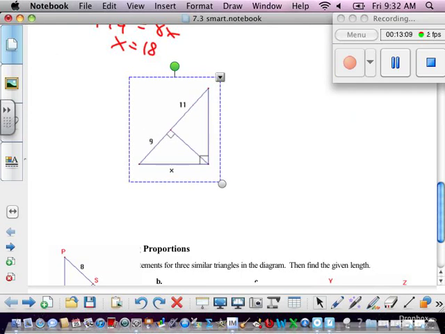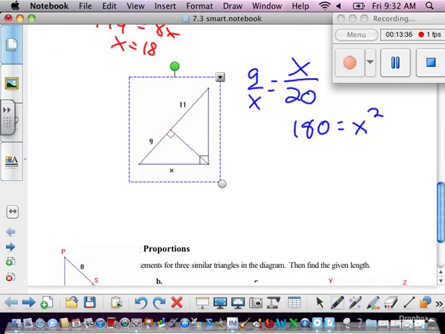And we're given 9 over x equals x over what? Okay, if we have 9 over x, and then x over, what's the whole length? 20. And for this one, why don't I just do the cross multiply, and I won't skip to my crazy part. 9 times 20 gives us 180. 180 equals x squared.